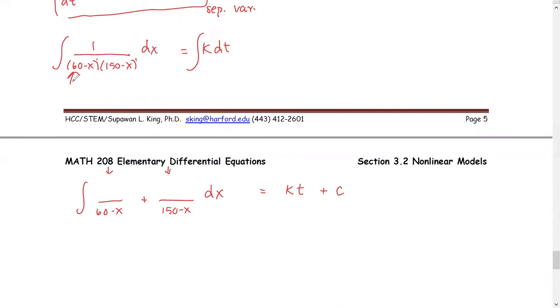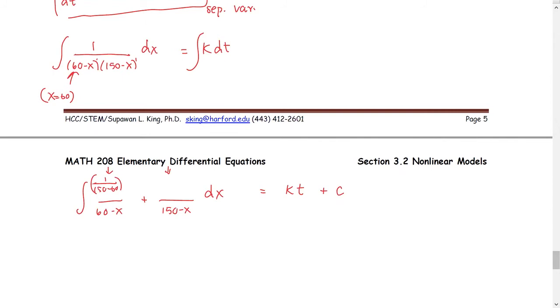So for the 60 minus x, the zero of this one, x equals 60, is a 0. So the numerator of the first fraction is going to be 1 divided by 150 minus 60.